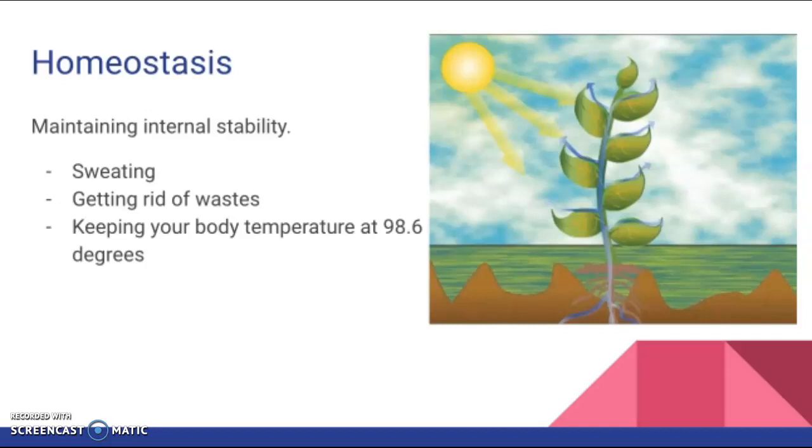So our body has internal nervous systems that will trigger something to say, hey, you're getting too hot, or it triggers you to shiver and move when you get too cold. Those are all ways that your body is maintaining homeostasis. It's wanting to stay balanced. You don't have to think about those processes. They just naturally happen.